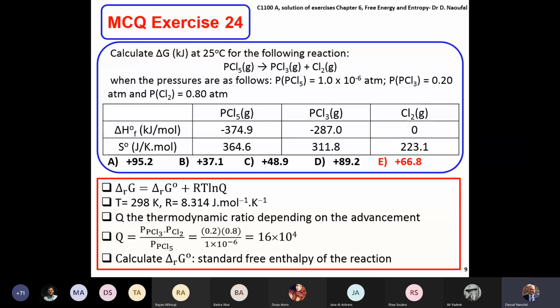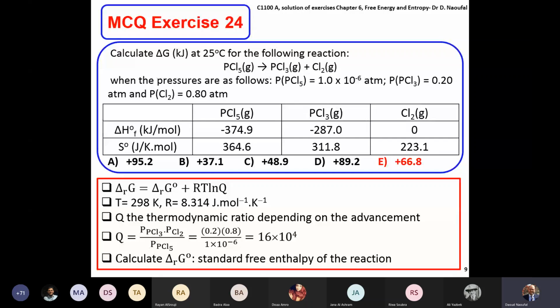And pay attention when using this formula, delta G0, delta H0, and delta S0 should be at the same condition of pressure and temperature. So we can use this method in this exercise, since from delta H0 formation of reactants and the product, we can calculate delta H0, and from S0 of the products and reactants, we can calculate delta S0.